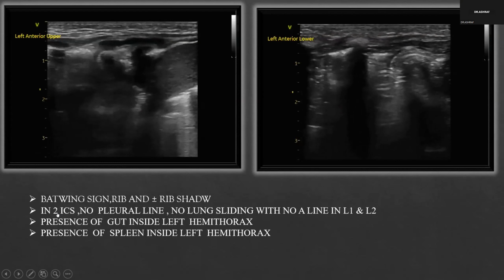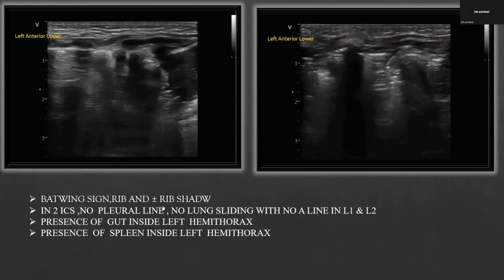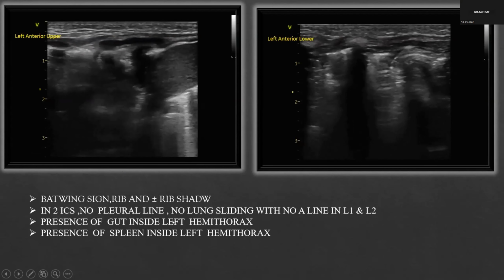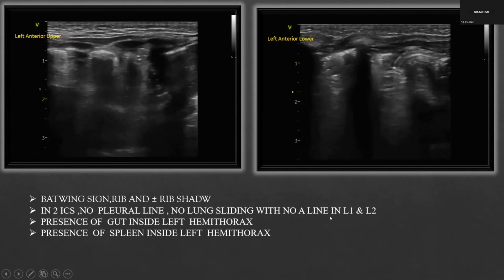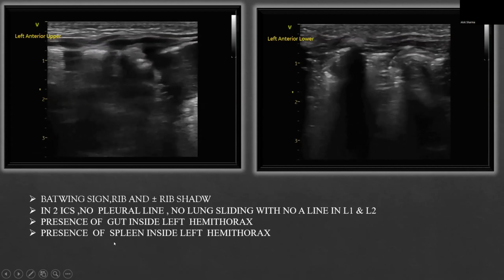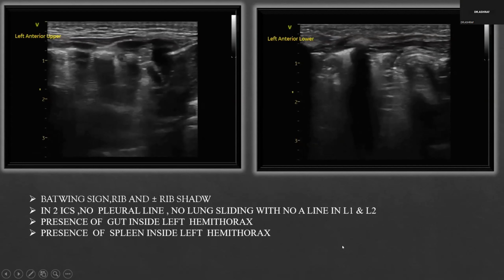In two intercostal spaces, there is no border line. No lung sliding with no A line in L1 and L2. Presence of gut inside the left hemithorax, presence of the spleen inside the left hemithorax.